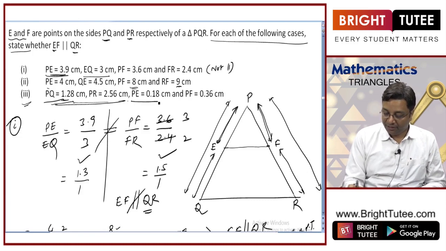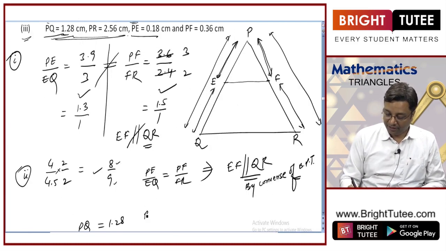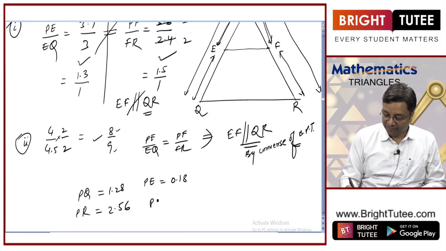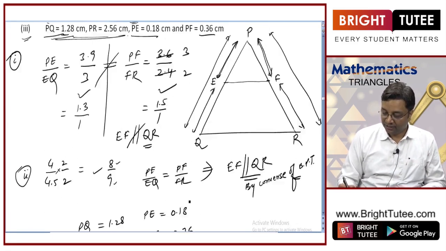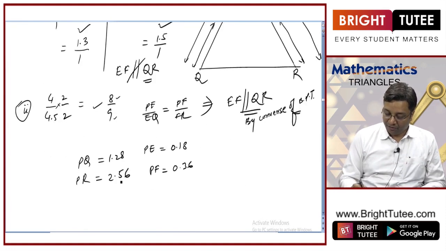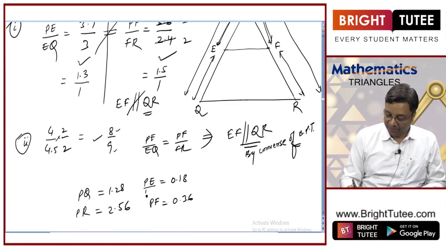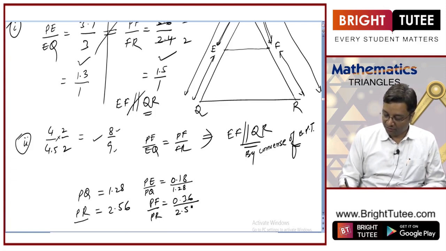Now look at this, PE is equal to 0.18 and PF is equal to 0.36. So, PE by PQ, if I divide this PE by PQ, it will give me a ratio something like this, and if I divide PF by PR, it will give me this ratio.